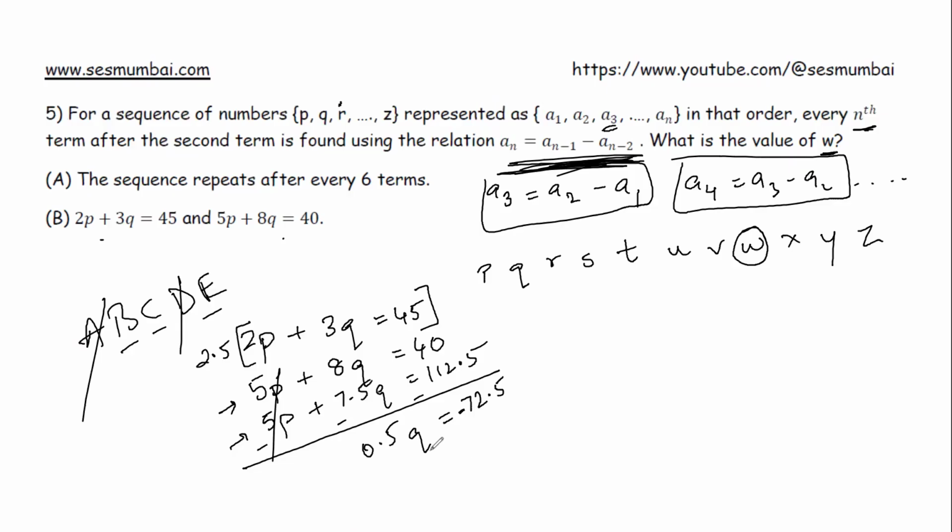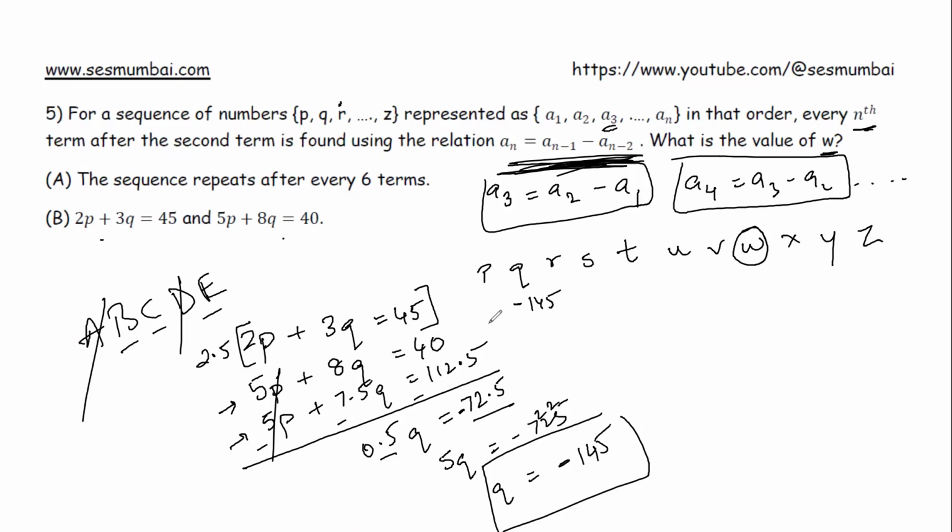So now we multiply 10 on both sides. So we get 5Q is equal to negative 725. So Q is equal to negative 145. So our Q is negative 145.